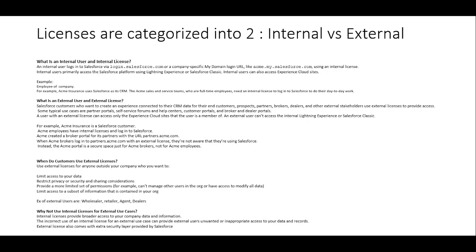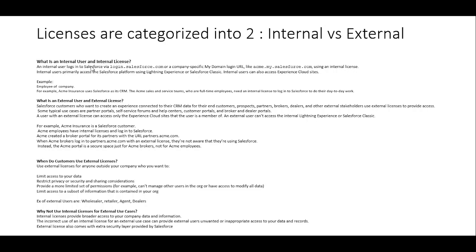Now, as we saw in the previous slide, a license is required for collaboration, for external partners, and for customers. So overall, we can categorize the licenses into two types: one is internal, the second is external. I know there's too much to read here, but I'll summarize it for you.